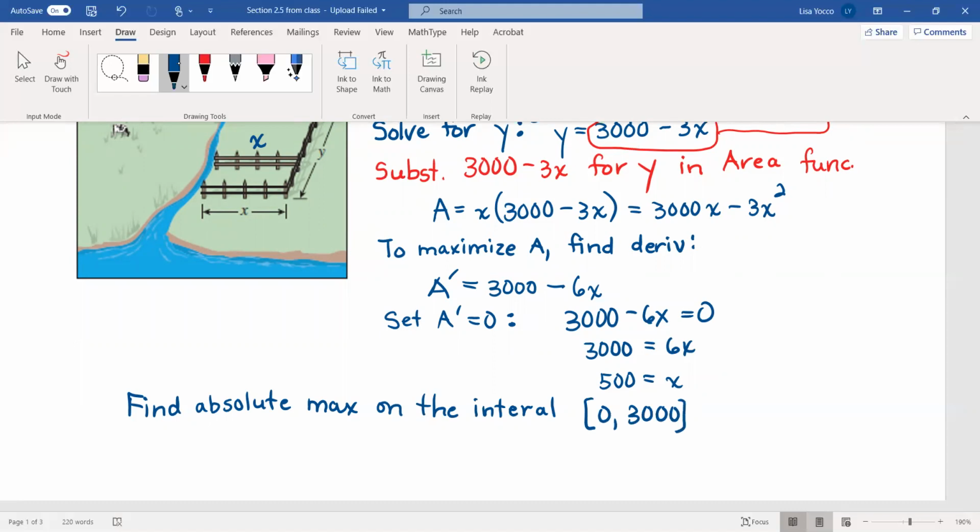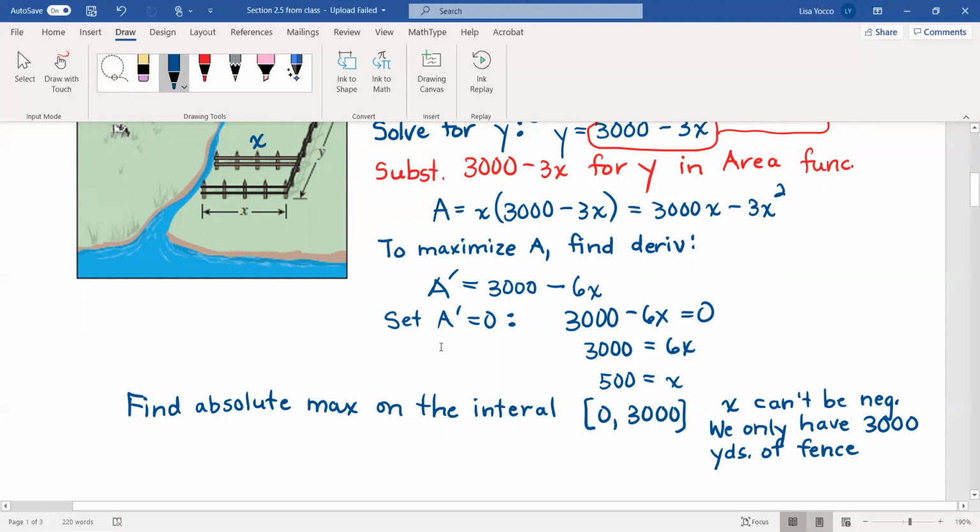Okay, why 0 to 3,000? Well, x represents the length of the fence, so x can't be negative. And we only have 3,000 yards of fencing to begin with, so we couldn't go over 3,000.